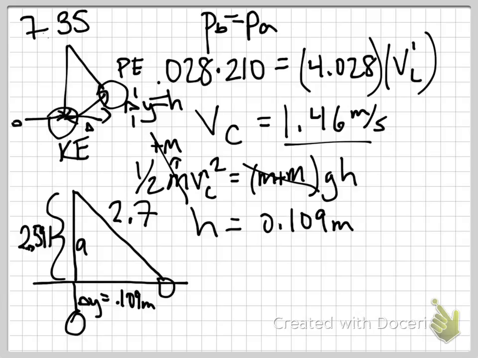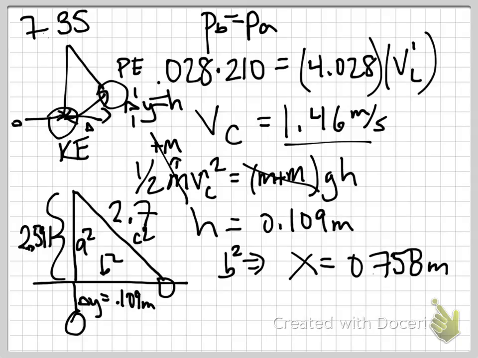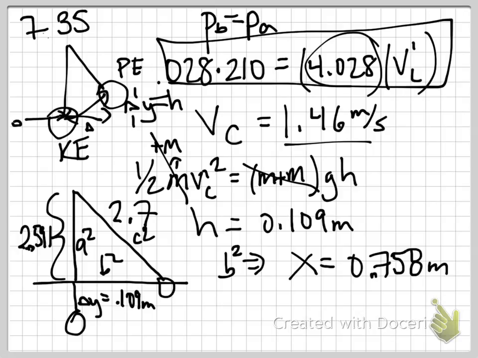So a squared plus b squared equals c squared. B squared is your x component. When you solve that, you get that the x component is roughly 0.758 meters.